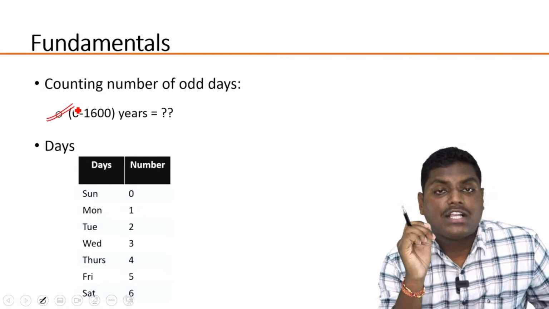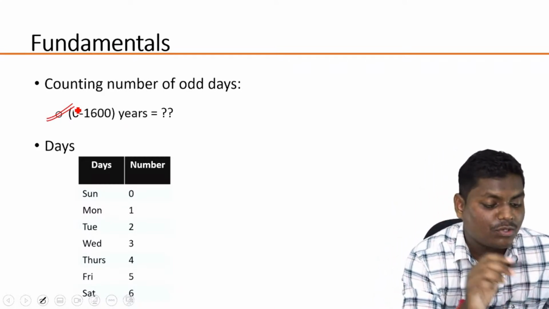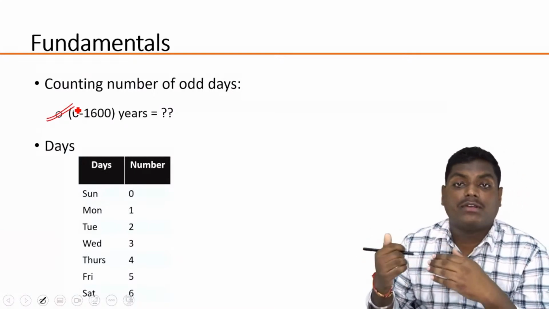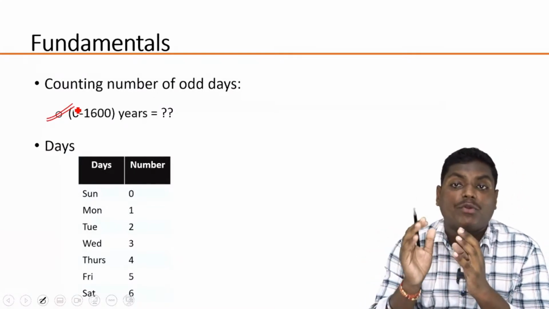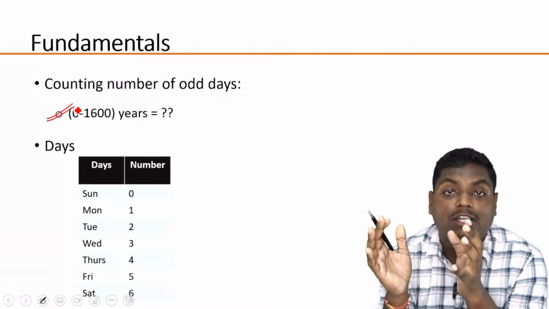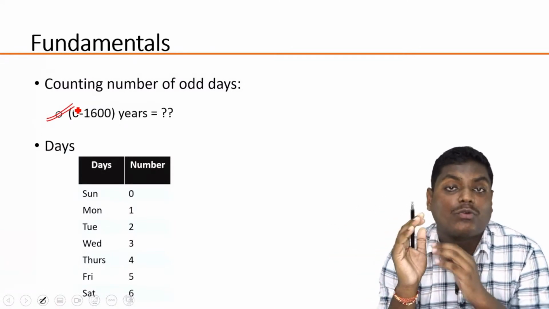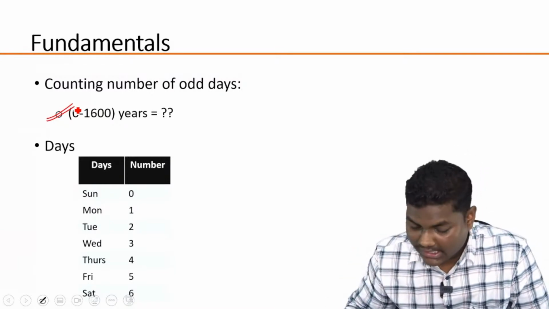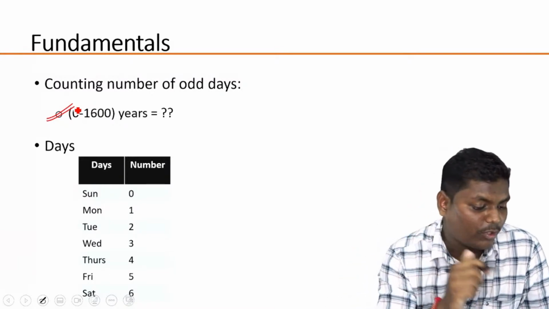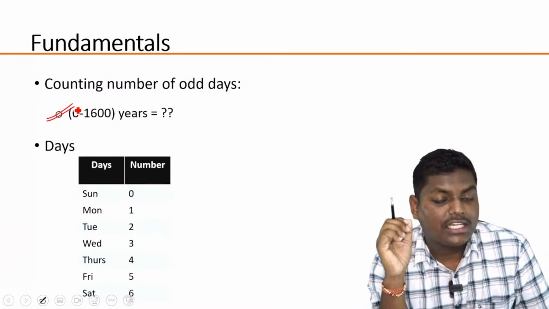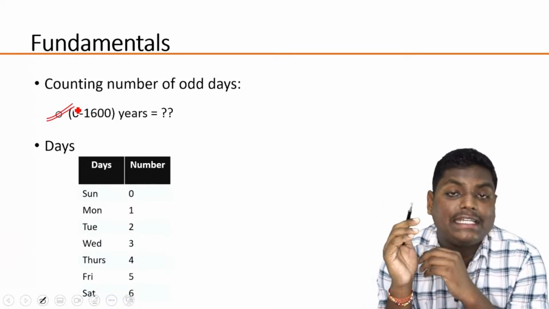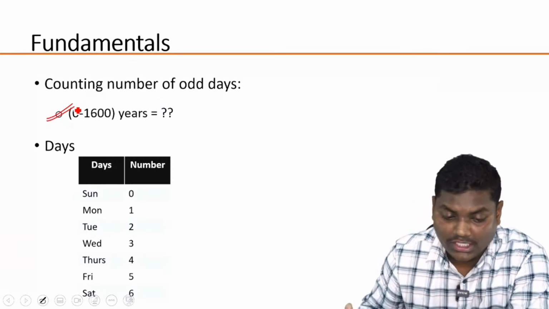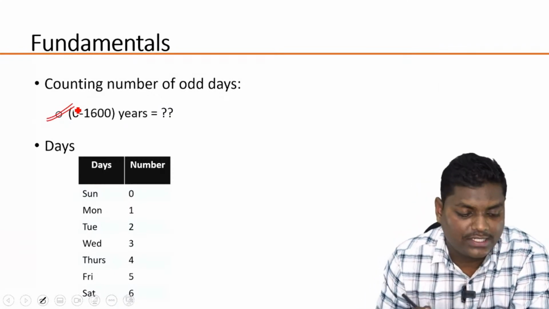Why are we doing this? In later questions, you will be given a particular date and have to find which day it is. For these questions, you need to find the number of odd days. That is why we are discussing it properly. So the question is: the number of odd days in 0 to 1600 years. You can try this and find it out.